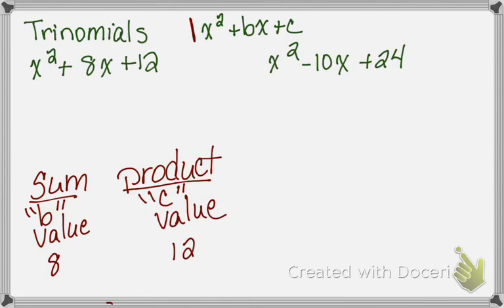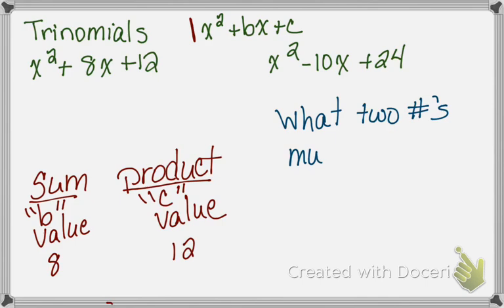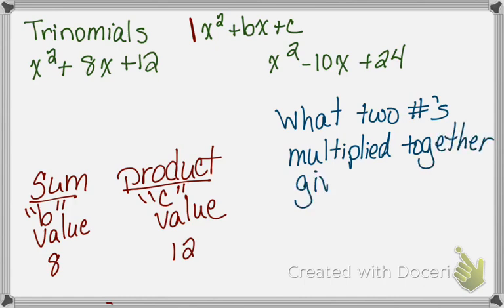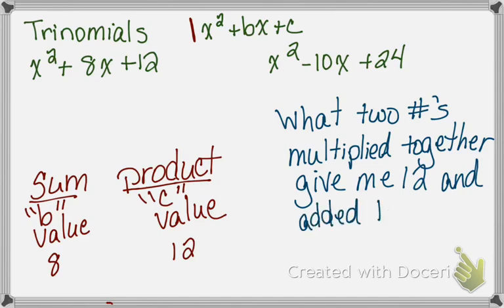Now, what you're going to do right now is you are going to ask yourself this question. What two numbers multiplied together give me 12 and added together give me 8?